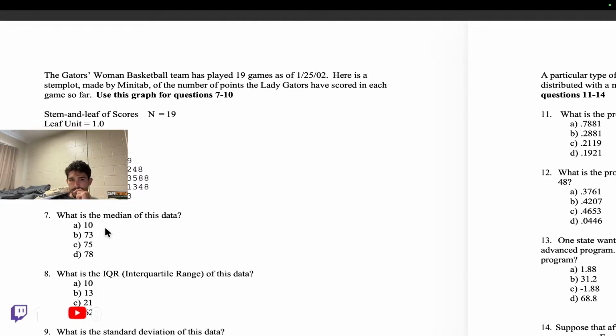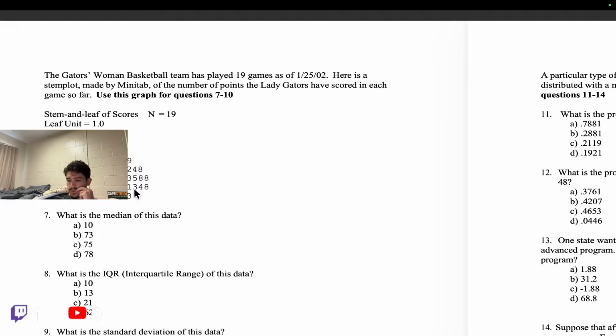So 62 is equal to the lower quartile range, which means you go 5 from here, 2, 3, 4, 5. 83 is going to be our upper quartile.